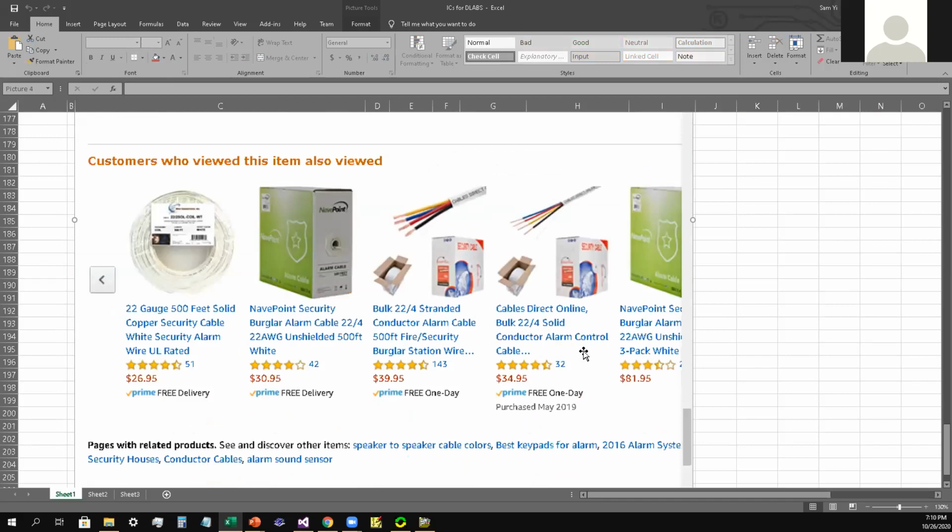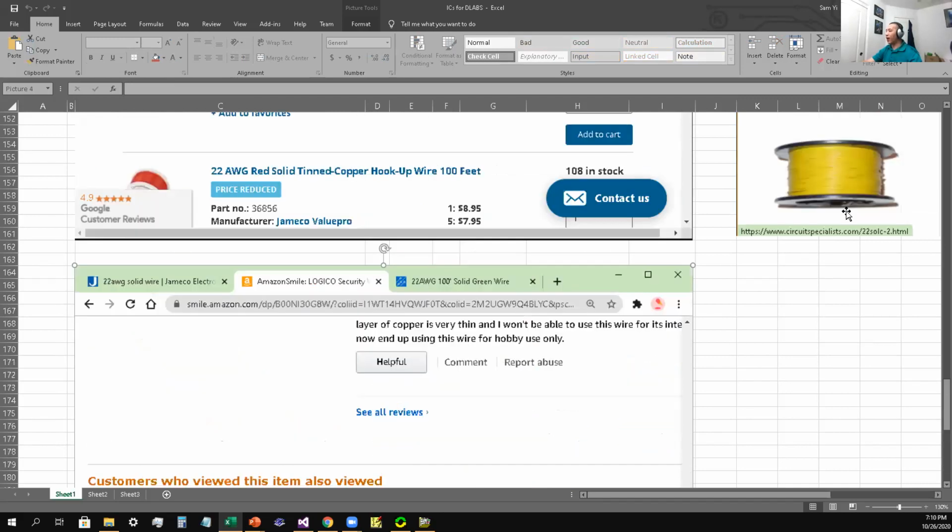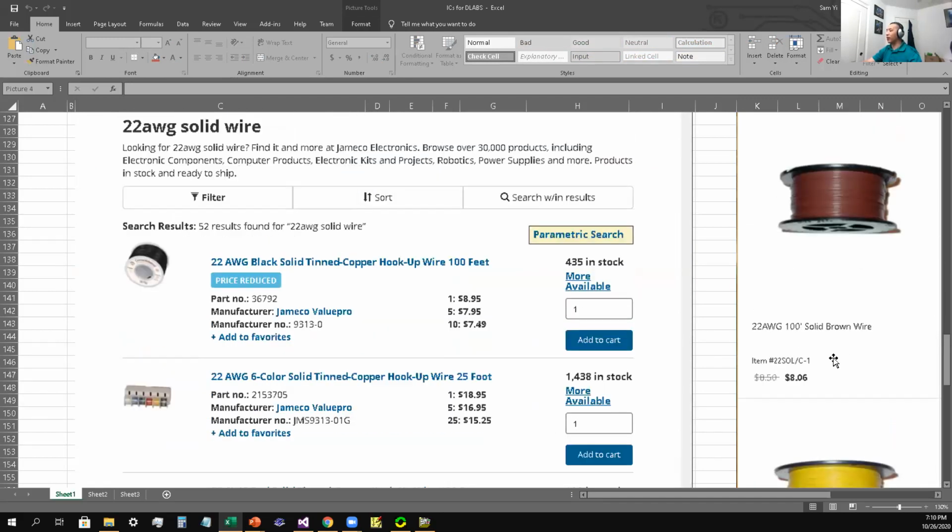I did purchase this one before, which comes in 4 wires. It's about 500 feet, so 500 times 4, that's 2,000 feet. So you can share with your classmates or friends. If you purchase this, you can split up some of the wires and share them if you buy this one in combo. But if not, you can buy this one, which is a set of 100.